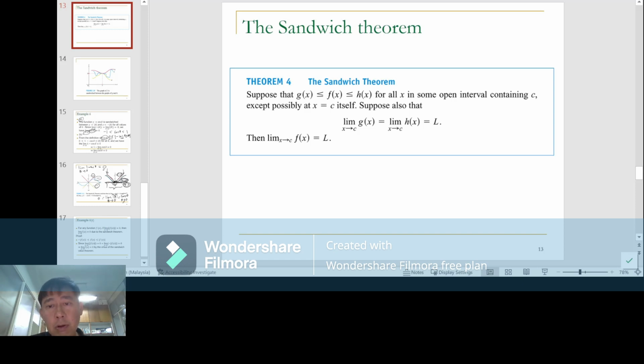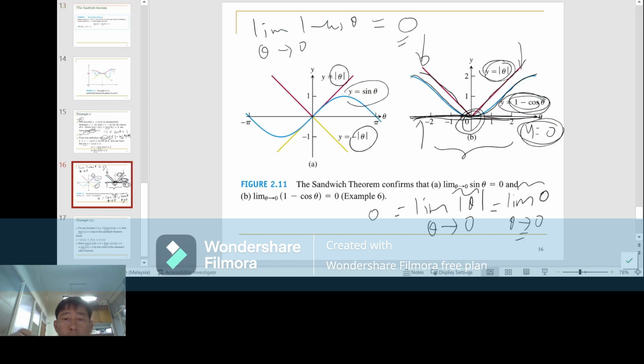Furthermore, the upper and lower functions have to have a common limit at the point c. Sometimes the sandwich theorem is not quite easy to use because you have to come up with the upper and lower functions, and it's not always possible to prove the limit of a function using the sandwich theorem. Only very specific functions can have their limits proven with it.